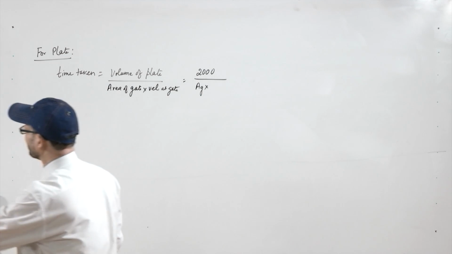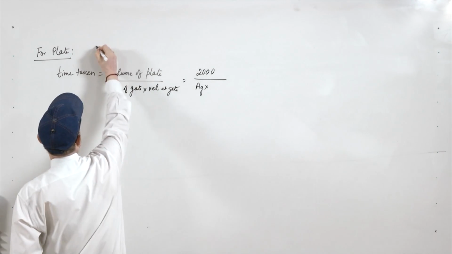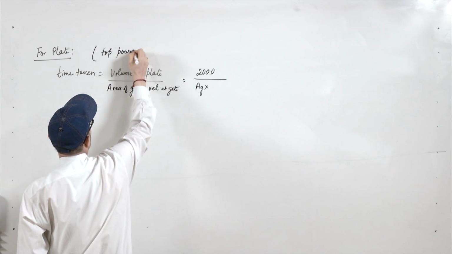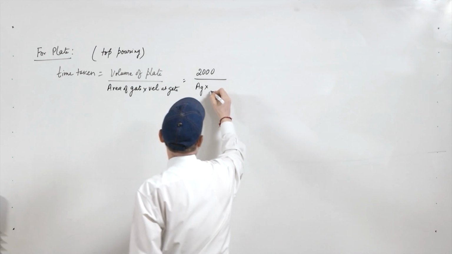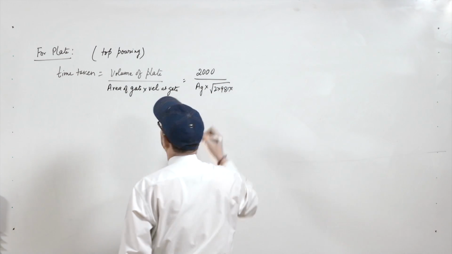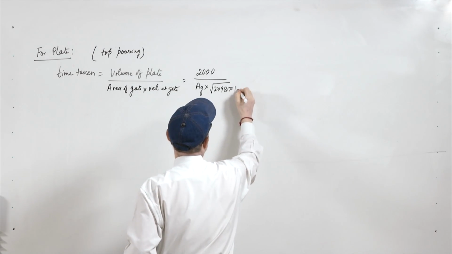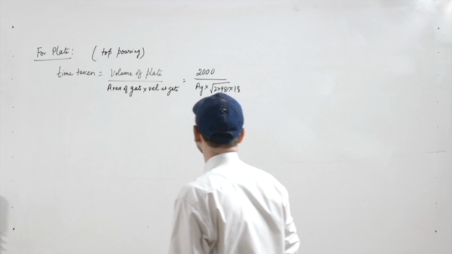Since it is a case of top pouring, under root 2gh, and h in this case is 18 centimeter, g is 981 centimeter per second square.